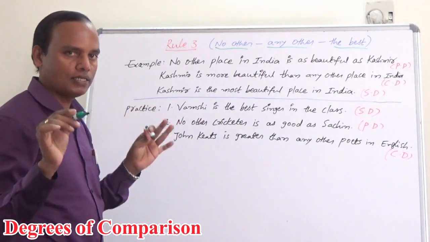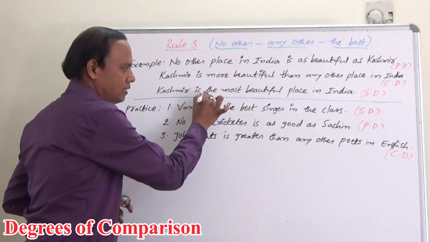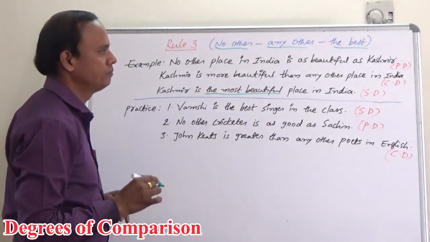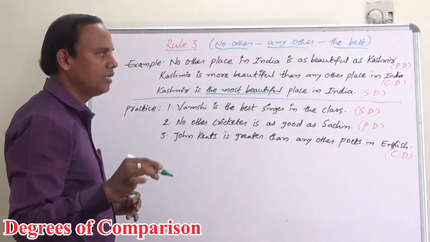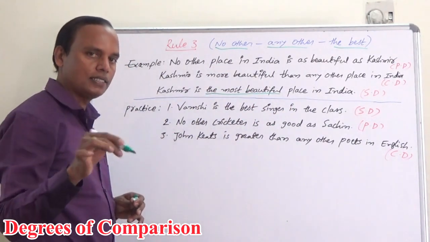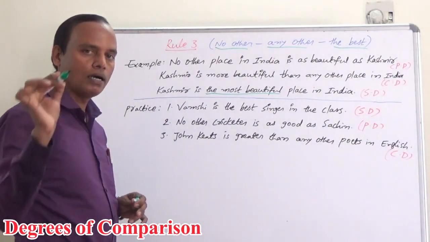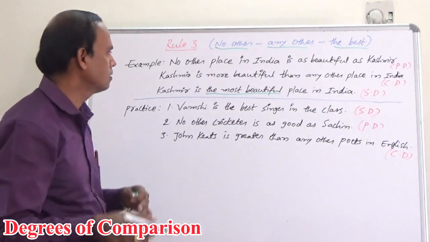Where there is superlative degree, "the" comes. Here see, the most beautiful. You can identify whether the sentence is in positive, comparative or superlative degree. How can you identify? There are ways.